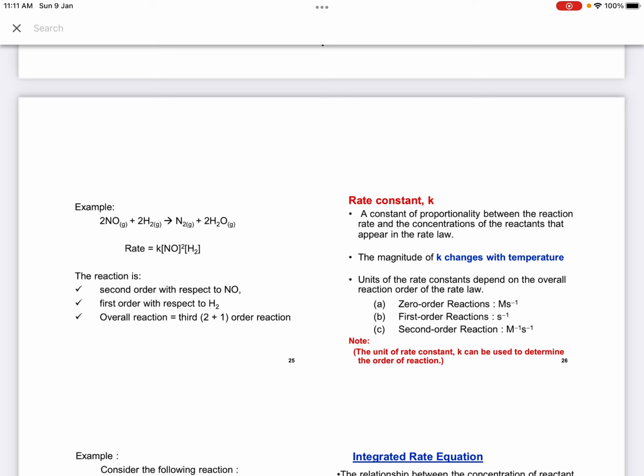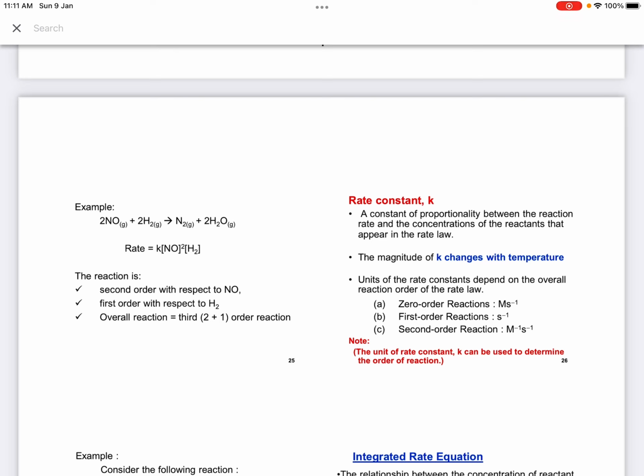Overall is 2 plus 1, third order. So it's not taken from the stoichiometry. For example, H2 here, in the stoichiometry it is 2, but experimentally it is first order. So what is correct is experimental, not from the chemical equation. What we take from the chemical equation is for the differential rate equation only.